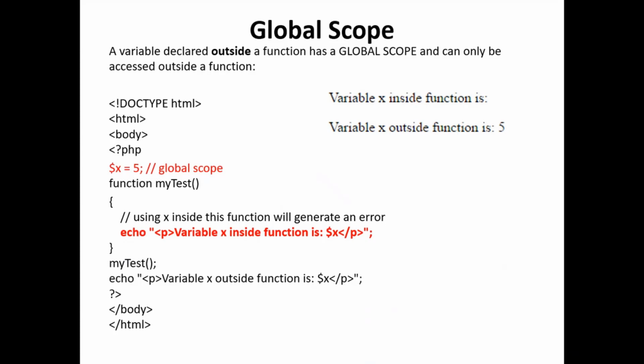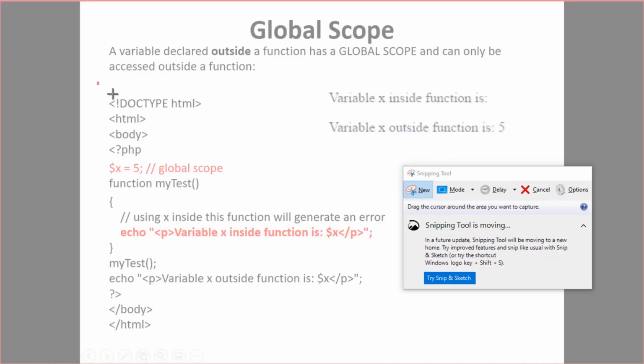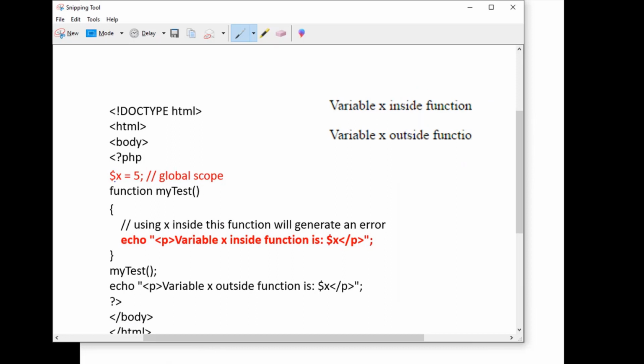Global scope covers all the variables that you declare outside the functions. Actually, they are inside the program. If you consider the program, this is the complete program. This is your starting tag. This is your ending tag.